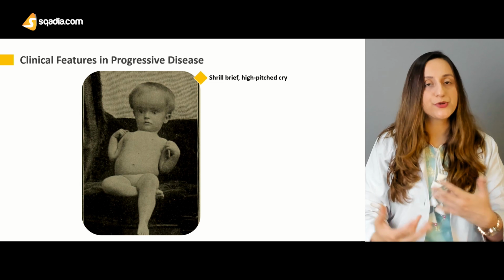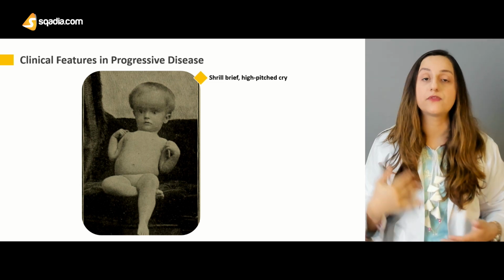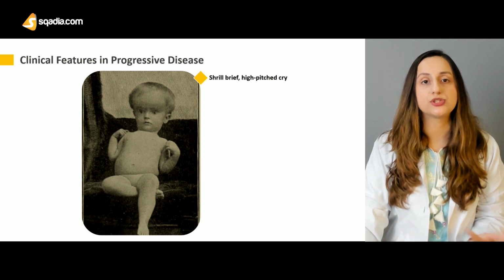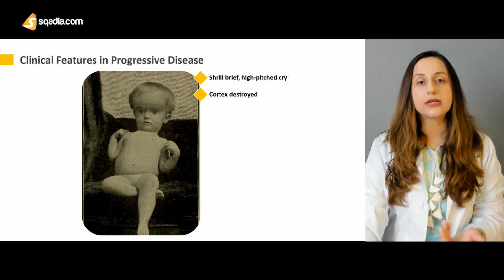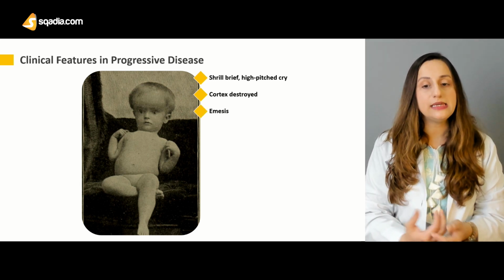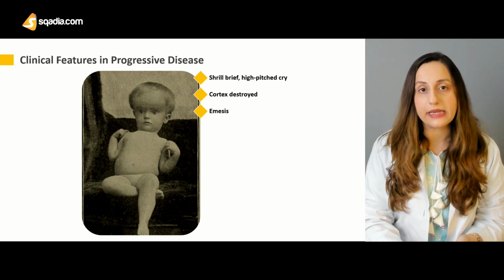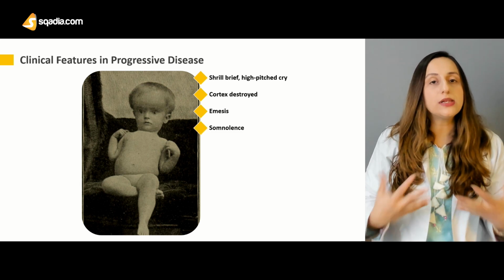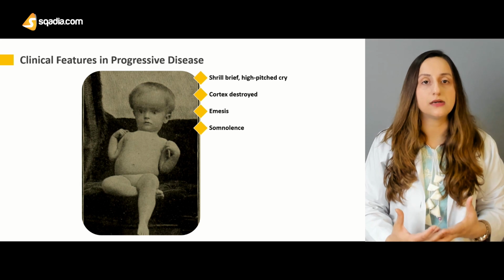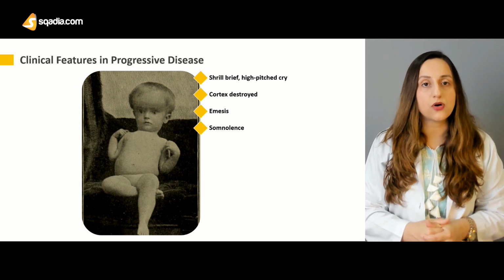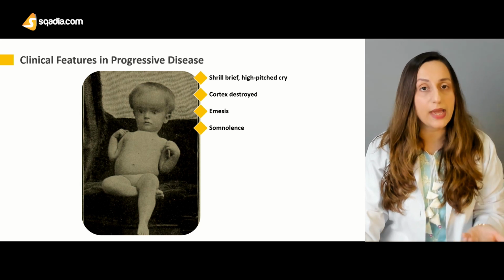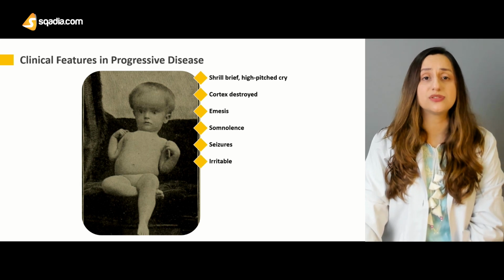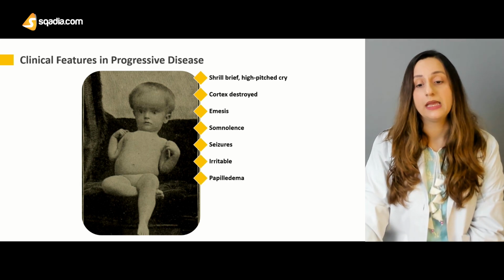Now, when the disease progresses, what would be the signs and symptoms if they're not treated properly? There's going to be a shrill, brief, high-pitched cry in the patients due to increased levels of irritability. The cortex is destroyed. There can be increased episodes of vomiting, usually projectile vomiting, known as emesis. Somnolence, so there's a constant appearance of that particular emotional phase when you look at that neonate. Seizures might be present, and the patient feels quite irritable all the time.